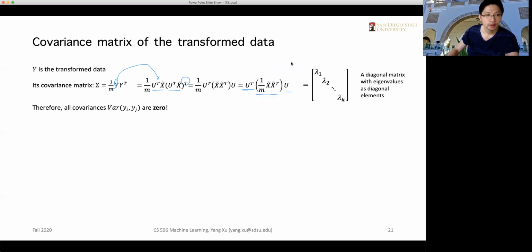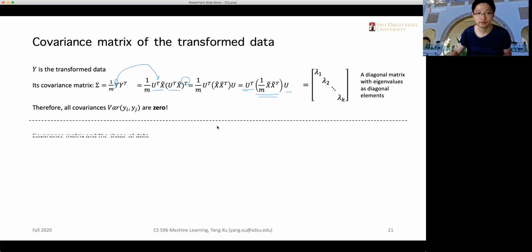So all the covariance in y, if i is different from j, then the 2 different dimensions in the y space, in the transformed low dimension space, are 0. That means all the transformed new dimensions are orthogonal to each other.